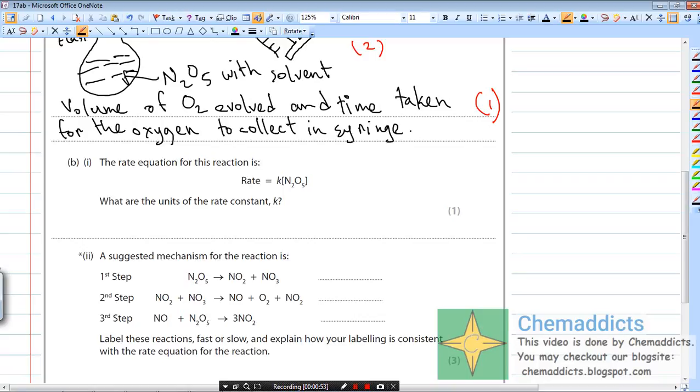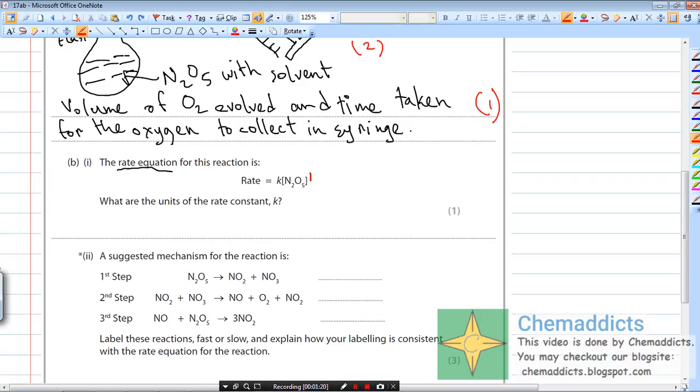So in the rate equation, as we all know, the order of this thing is 1. Since there is no power, we should consider this as 1. So the order of N2O5 is 1.